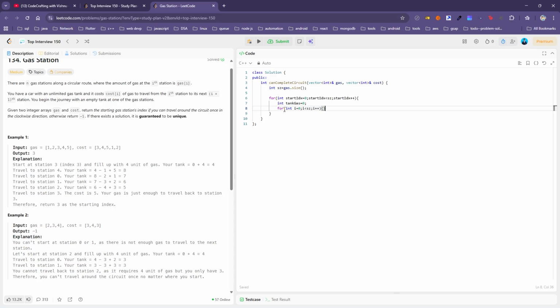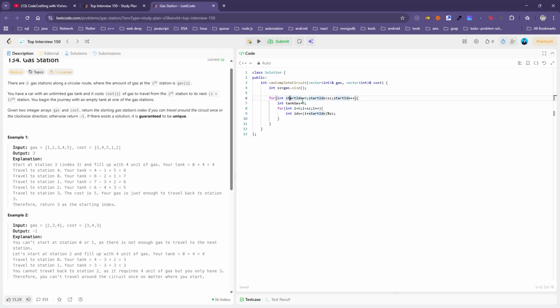and i plus plus. Now what will be our index? Index will be (i plus startIndex) modulo sz. So we are starting with this index, and from this index we'll travel all the nodes, and if we are able to reach the start index again, then we will return this start index.